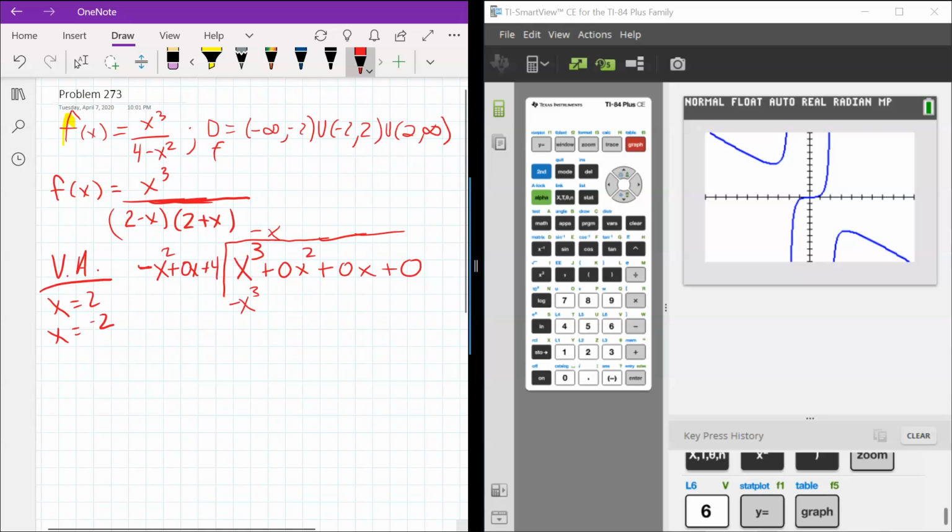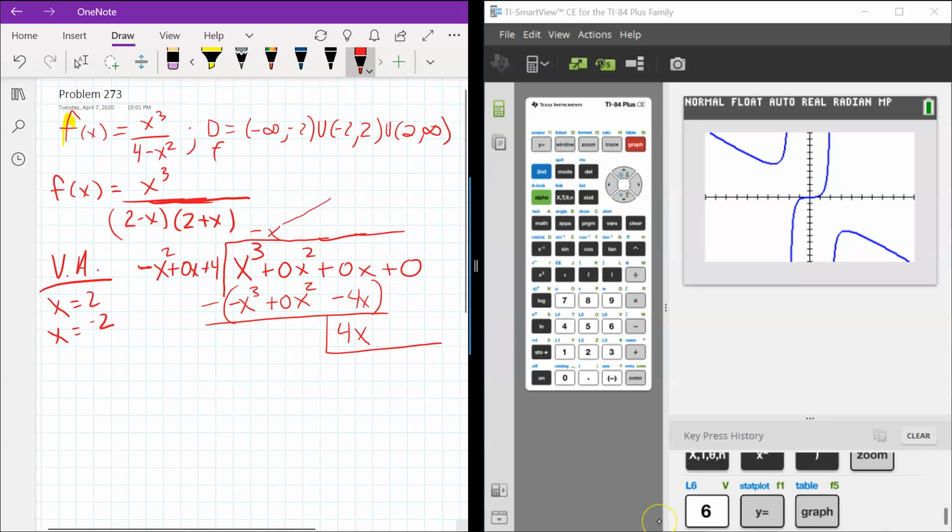Minus x times 0x is 0x. Minus x times 4 is minus 4x. And we change the sign and add. So we get 0 minus a minus 4x, which will be 4x. And there's our remainder.